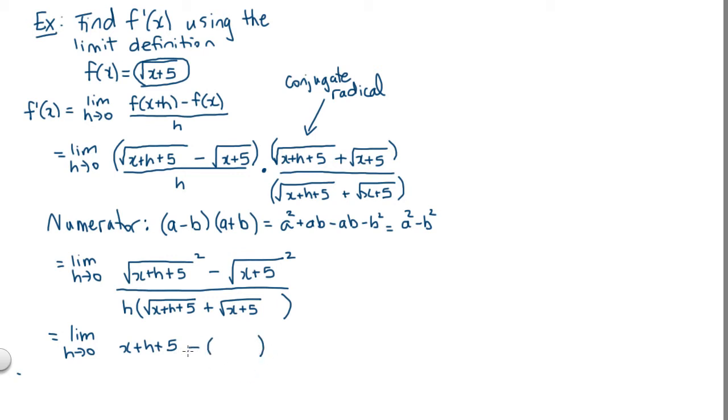We need this negative sign to distribute across. So we really do need the brackets, in fact. And the square here is just going to undo the square root like before. So we've got negative times x plus 5. All right. In our denominator, we'll just recopy this. We've got h times our conjugate radical.